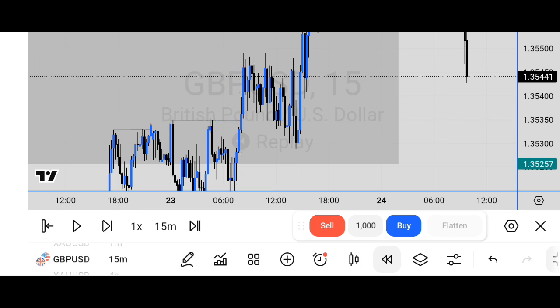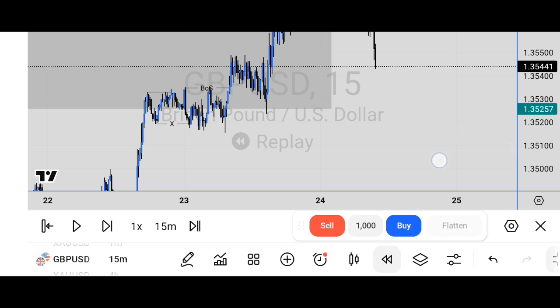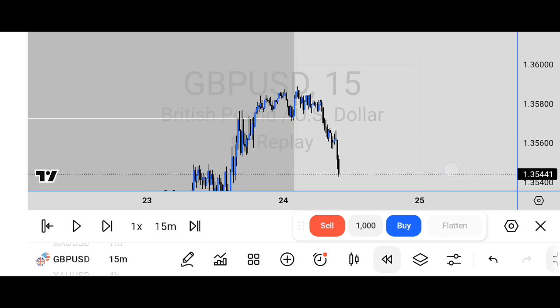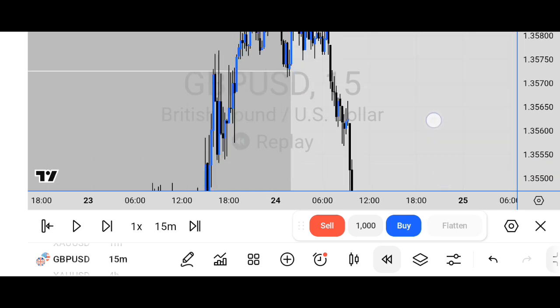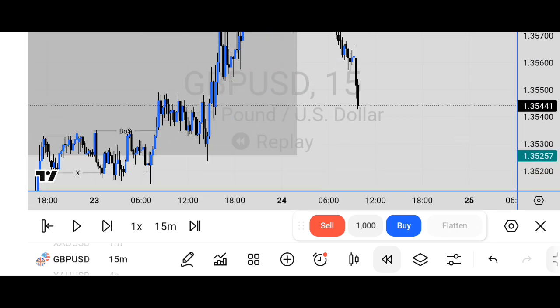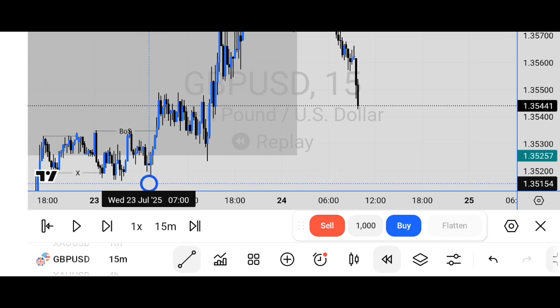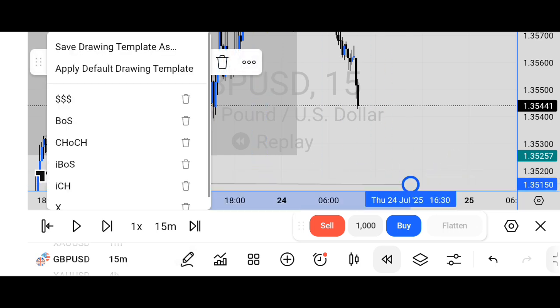Since this high is our valid major break of structure, we have our major CHoCH right here. This level is our major change of character.